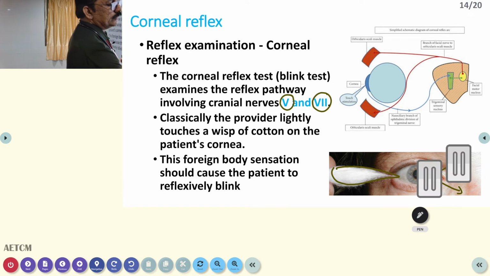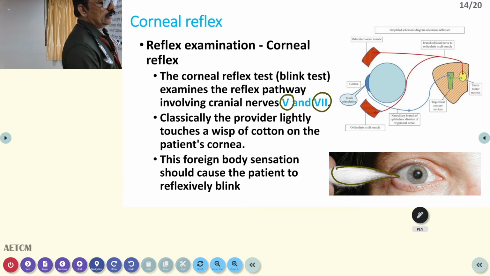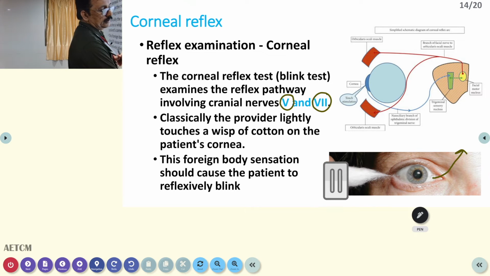Sorry, here the patient will be looking medially and upwards so that the eyes will be opened properly. The examiner will try to touch the lateral aspects of the eyes without going in front of the middle part of the eye, so that the patient will not see the cotton wool.